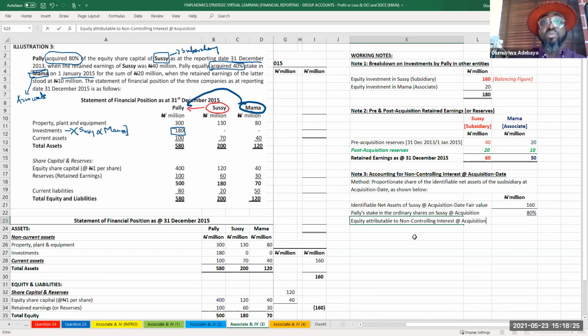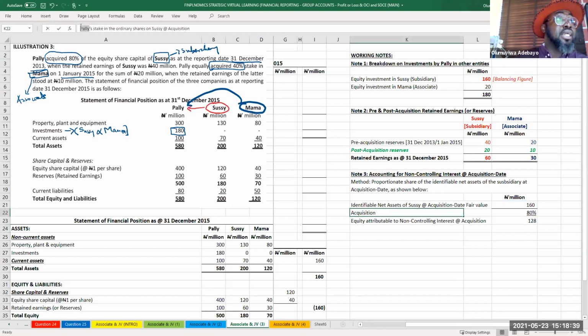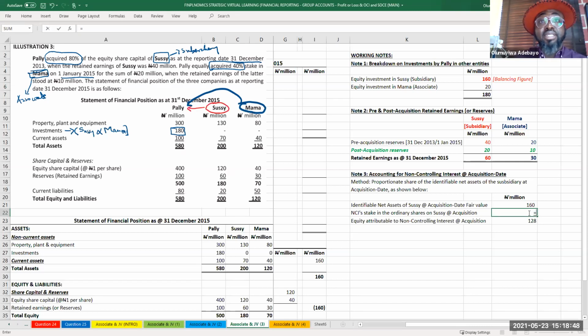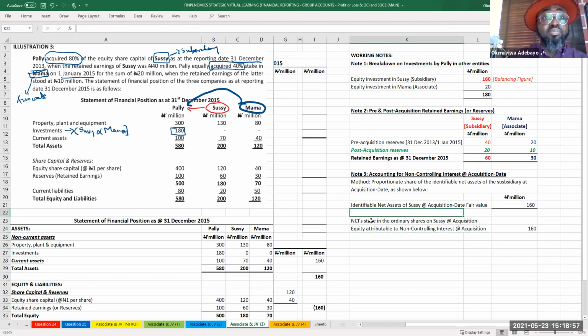At acquisition will be the products, which means you are multiplying 160 with NCI is 20, not parent. NCI stake. NCI stake is 20 what? %. How do I have at 20%? The difference between the parent stake, let me put this parent stake there, so that everything is model.